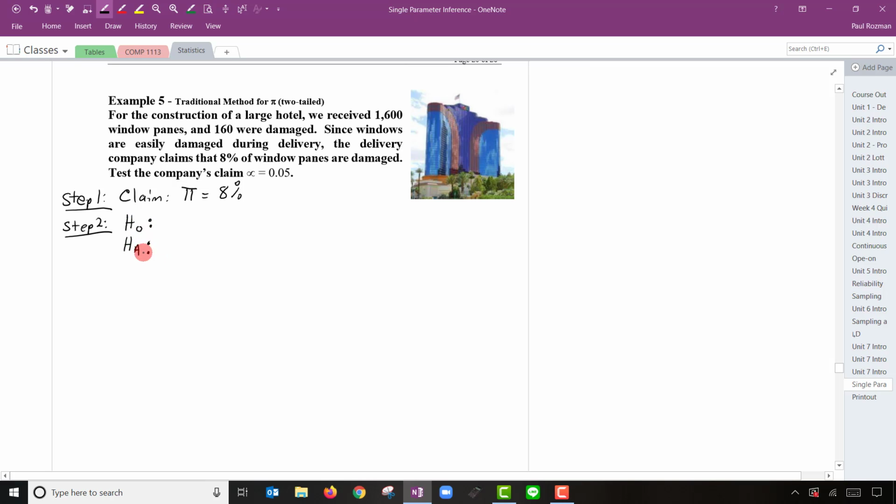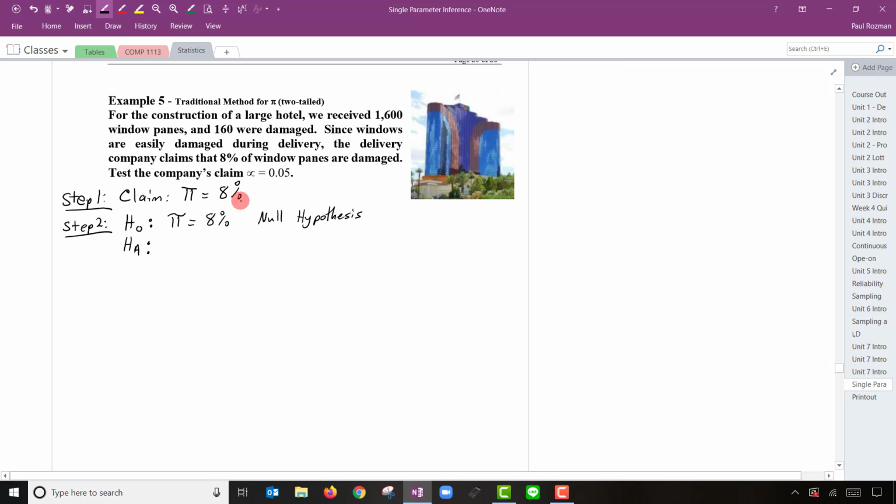These 2 things are opposites of one another. We'll work under the assumption that the claim is correct in this example. We're going to say that our working hypothesis is that 8% of these windows are broken. This is our null hypothesis, or working hypothesis.